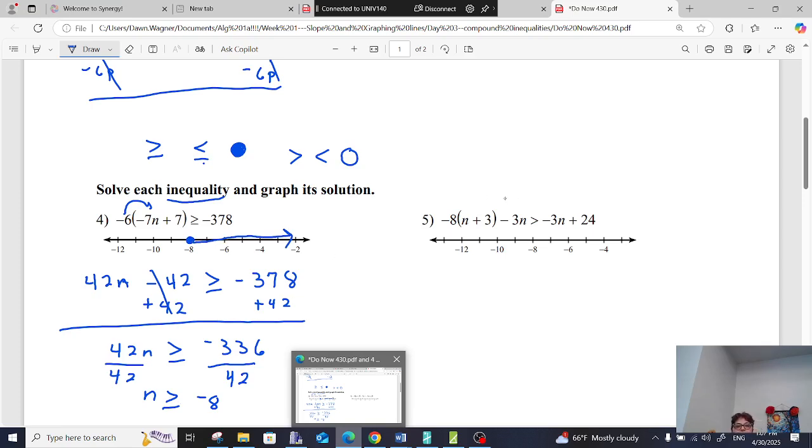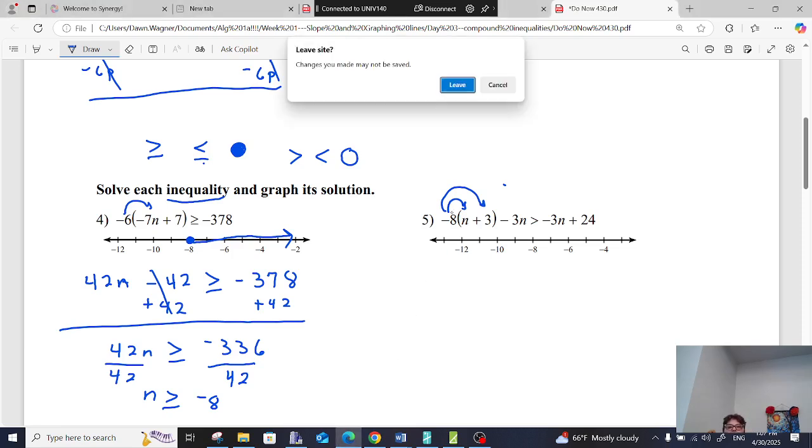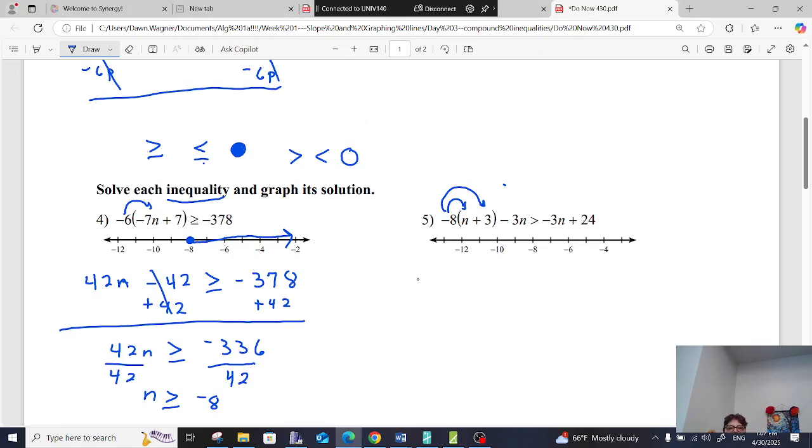Good. Now over here, I'm going to do this. First, I have to distribute. And then I'm going to have to combine my like terms. So, negative 8n, negative 24, negative 3n, greater than negative 3n plus 24.